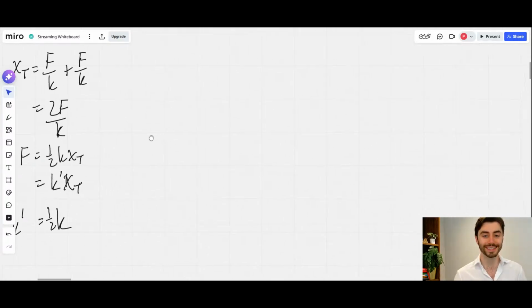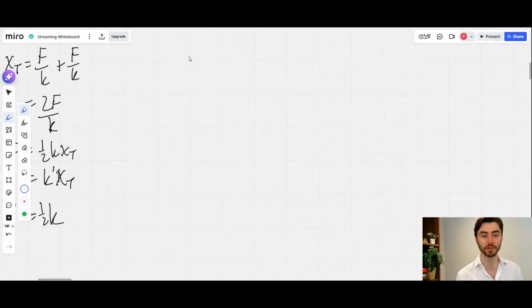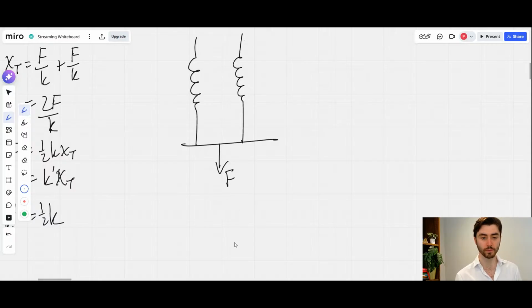If we consider instead what happens when we add the two springs in parallel and apply a force, we know that here F is equal to kx. Well, not F. Let's call this something different.